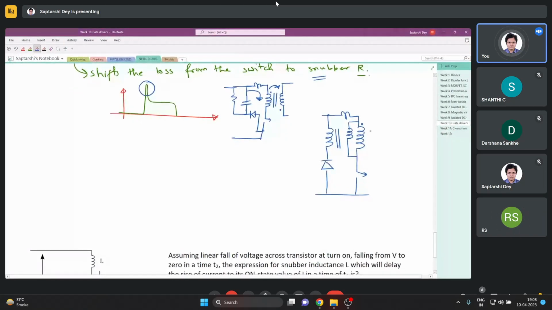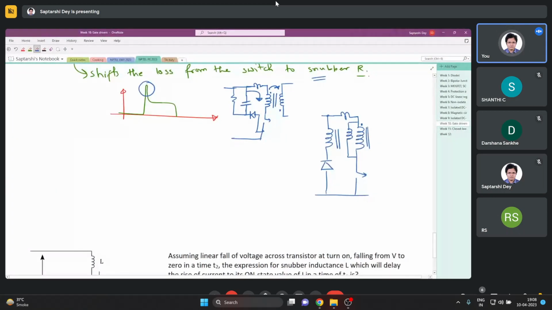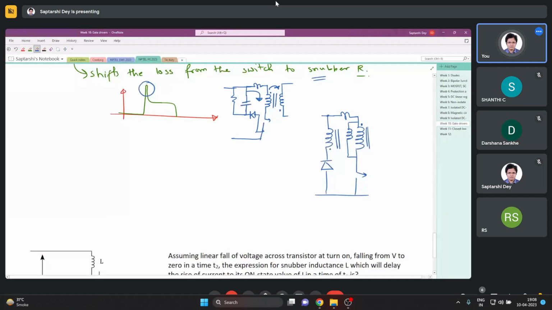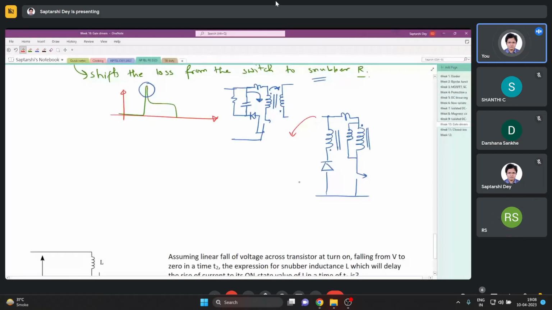You see this winding and this winding, they are magnetically coupled, right? When you turn off this switch, the energy stored in the core will travel back to the supply, but the energy in the leakage will not.